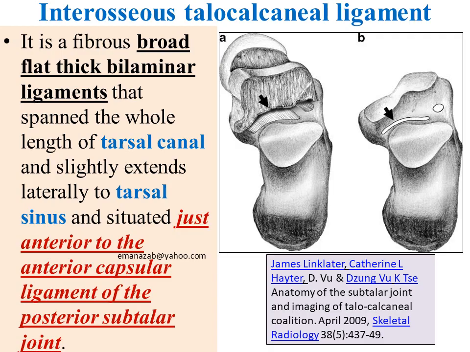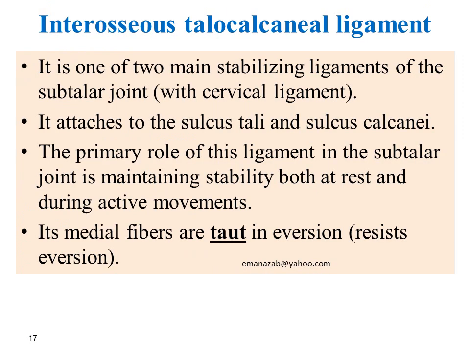This is a dorsal view of calcaneus and talus articulating with calcaneus. Part of the talus is cut to demonstrate the interosseous talocalcaneal ligament. The interosseous talocalcaneal ligament is one of the two main stabilizing ligaments of the subtalar joint with cervical ligament.